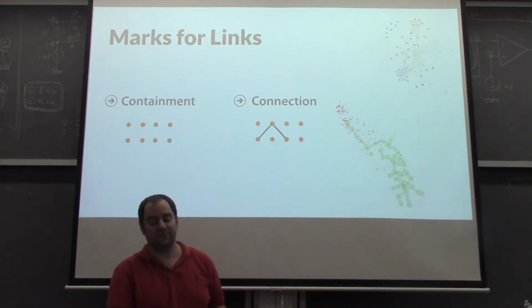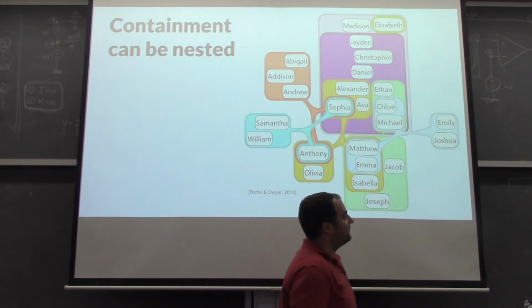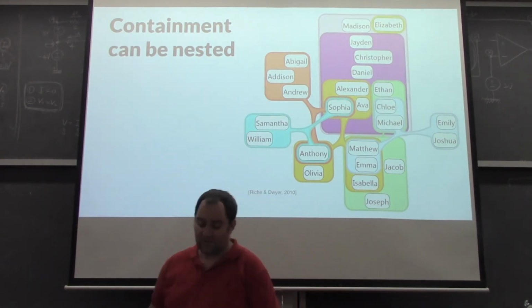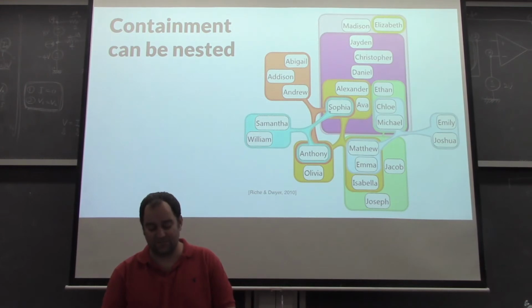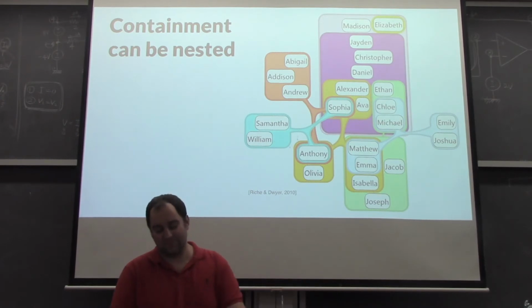So these are the marks that we use for the links. And then we can also use nested containment. Here is an example of a Euler diagram where we have multi-level nested containment. So this person, Sophia here, belongs to this dark orange group, the light orange group, the pink group, the other pink group, violet group, pink group, and to the blue group, for example.